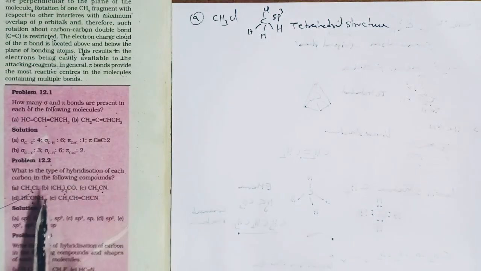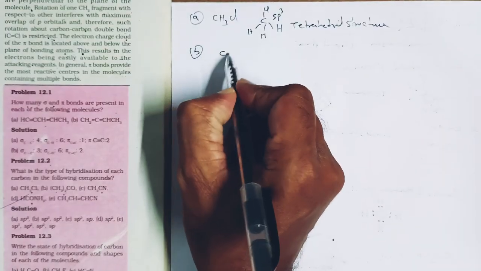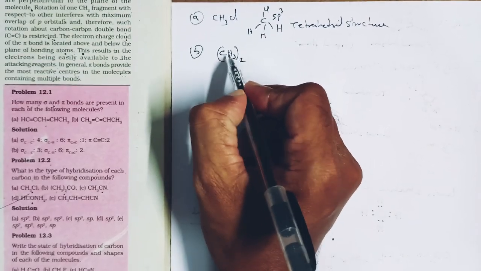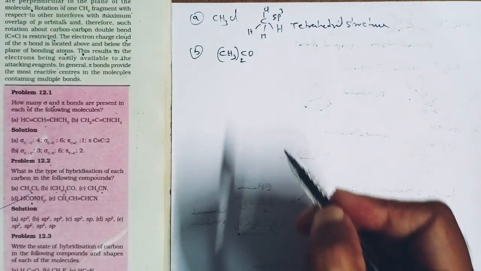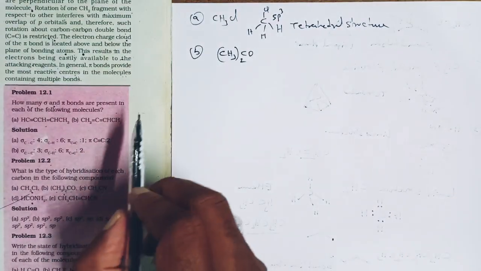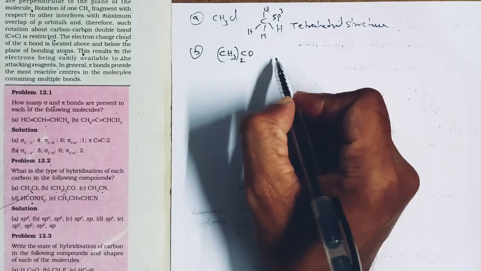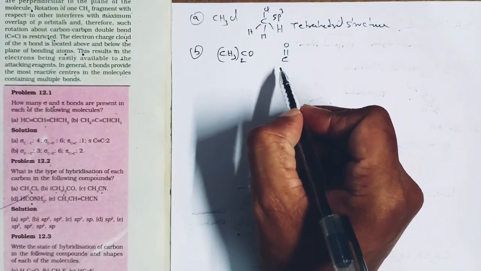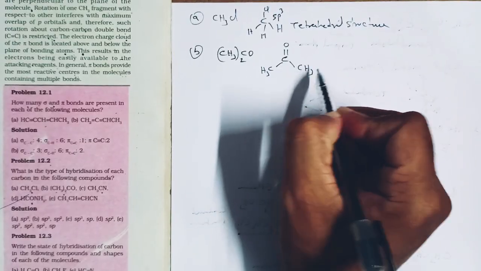Okay, next compound, that is B, (CH3)2CO. If we write that, first we have to write this carbon and write the double bond here, and this side CH3, this side CH3.